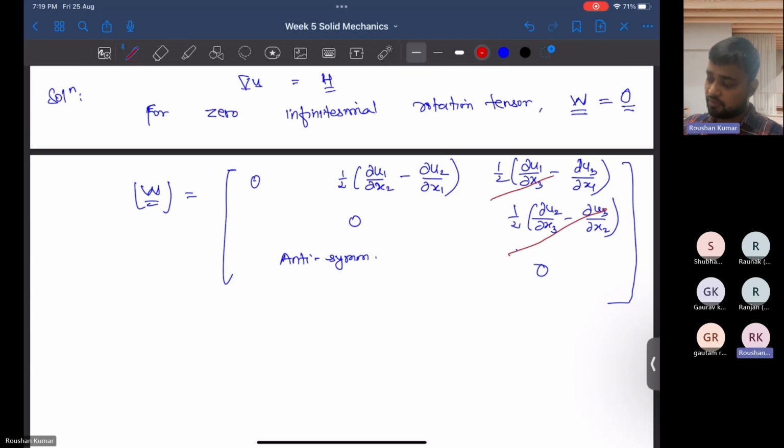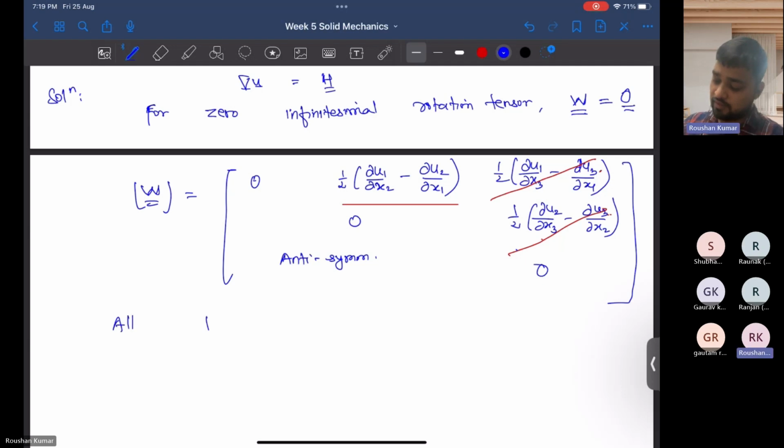This term will also be 0 because it is a derivative with respect to x3. Here u3 is there, so it will be 0. Here the derivative of u3 with respect to x2 will also be 0. The only expression left in this case is half of del u1 over del x2 minus del u2 over del x1, and it will be 0.